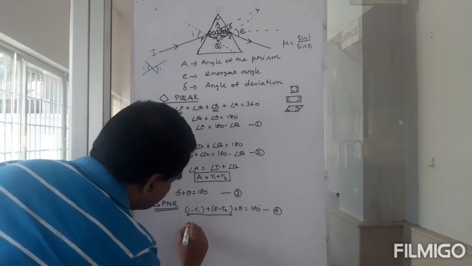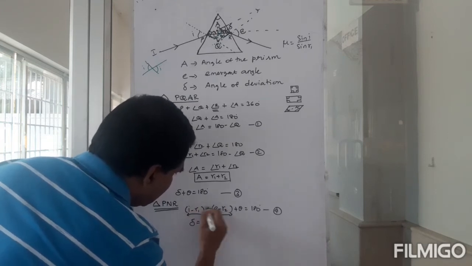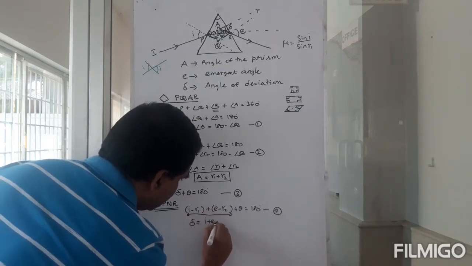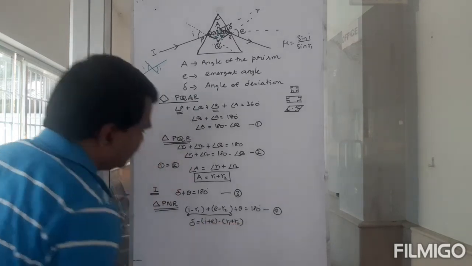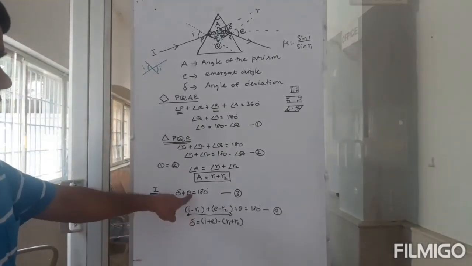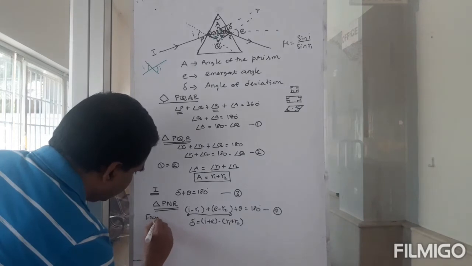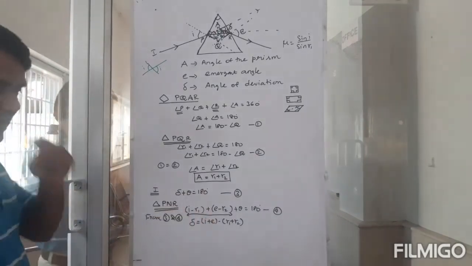I'll add these two: I plus E, minus R1 plus R2. Then delta must be this, from 3 and 4.